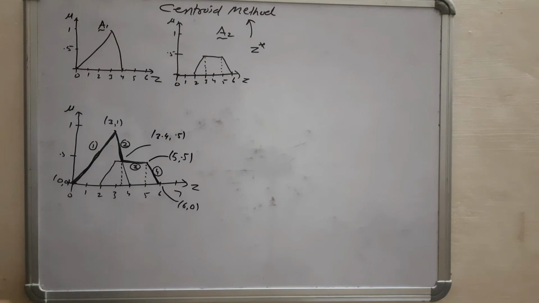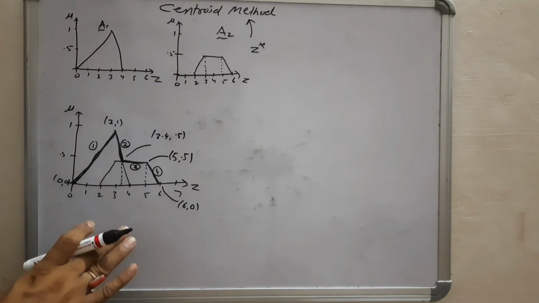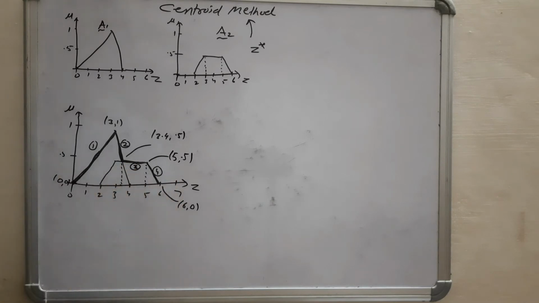So the first step is to combine these two membership functions. The second step is to find the coordinates of these points. Now we have to write the equations for all these 4 lines.